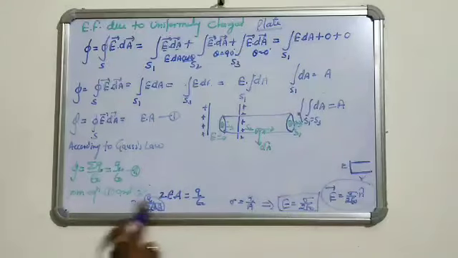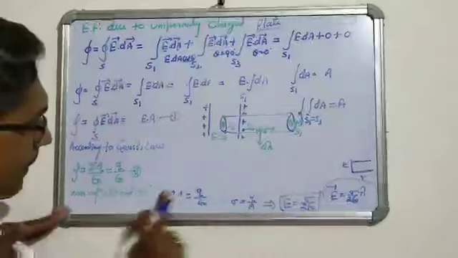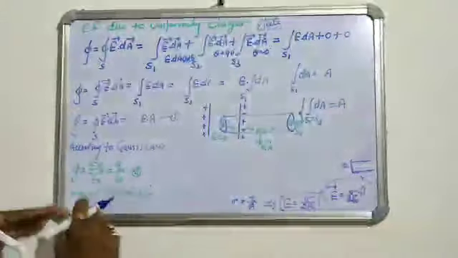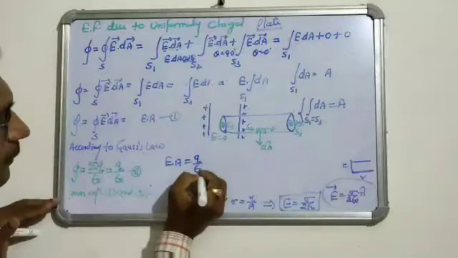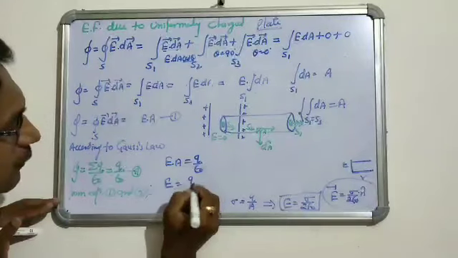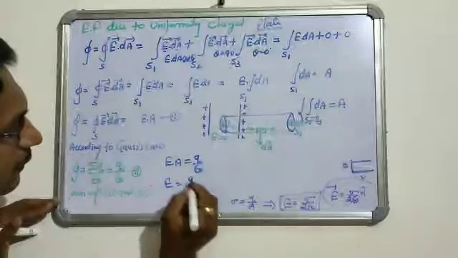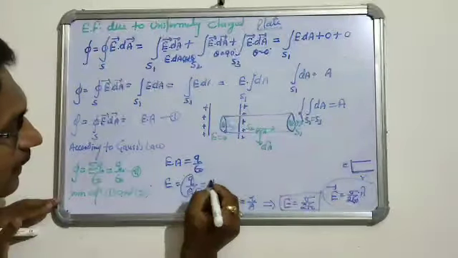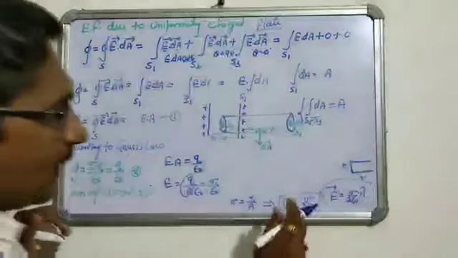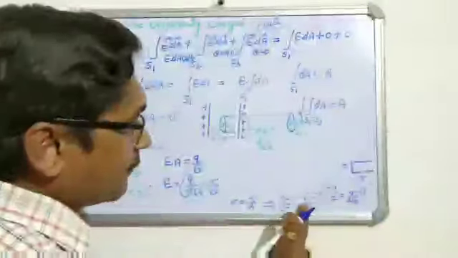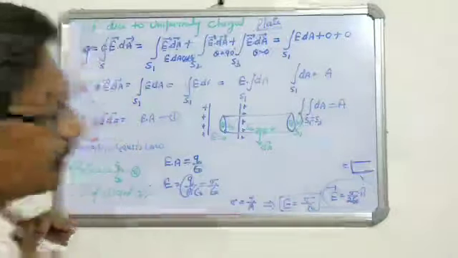By comparing equation 1 and 2 we get EA equals Q upon epsilon naught. So E equals Q upon A epsilon naught. Q by A equals sigma, so we can prove that E equals sigma upon epsilon naught.